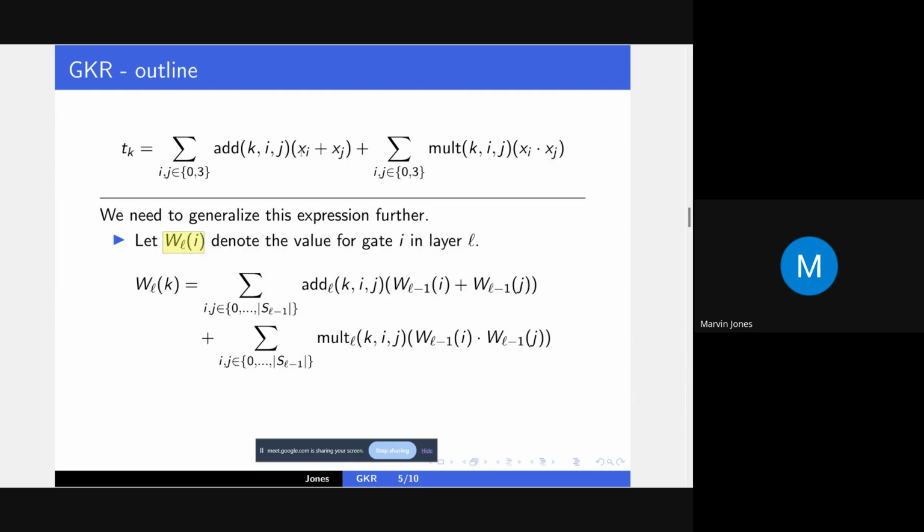And S_L, S_{L-1}, that's just how many values are in the previous layer. So SL would technically be the set of nodes, but that's just how many we have. In the previous example, we had 4 wires, so 0 to 3. So again, we've generalized this further.